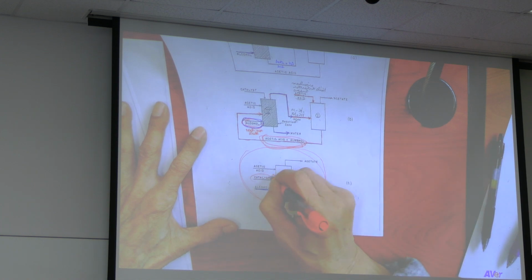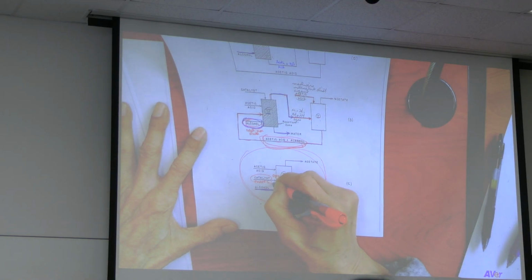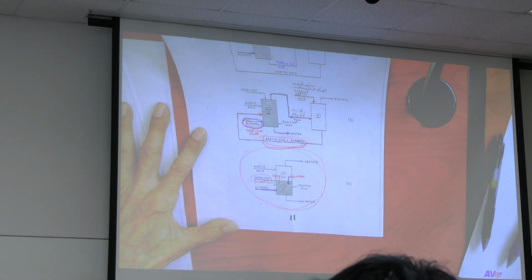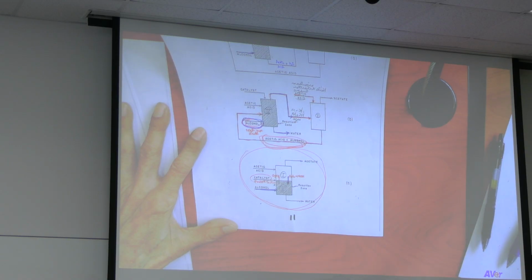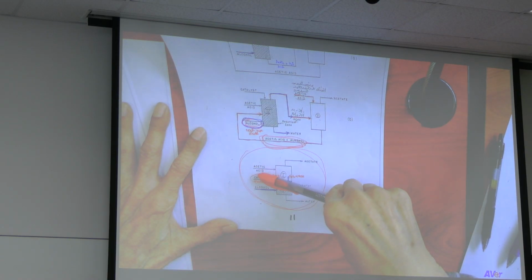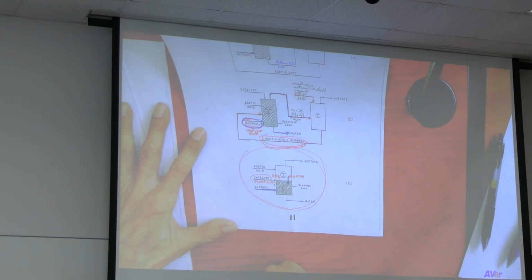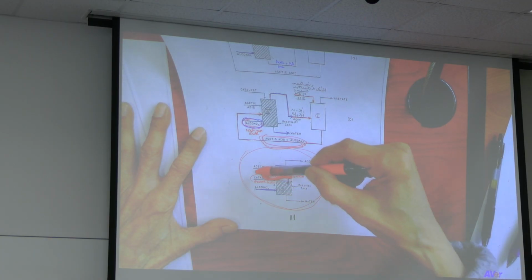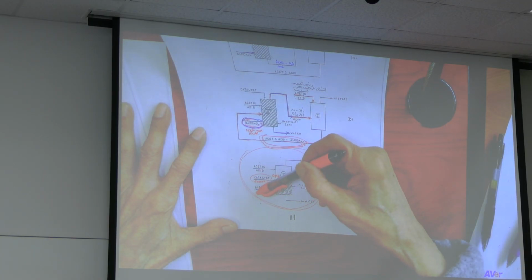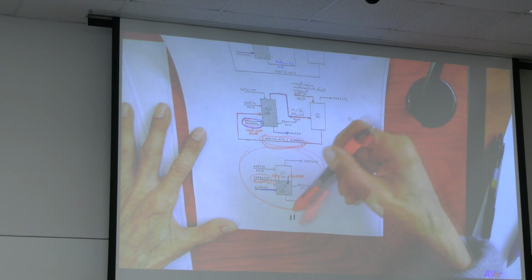In the middle part is a packed section. You put the catalyst on top of packing. So, acetic acid plus alcohol produces methyl acetate water.